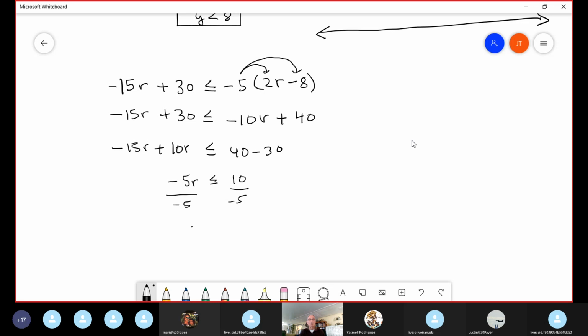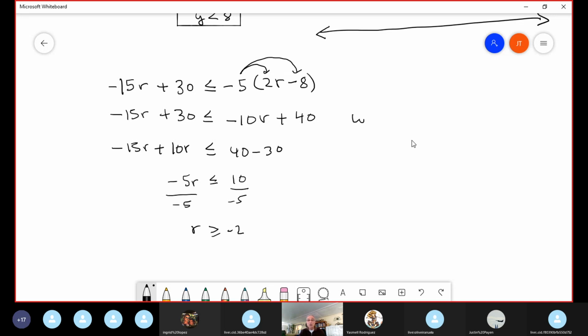Because I want to solve for R alone. But one rule is important that you remember and you need to be aware of. When you divide or multiply an inequality by a negative number, the symbol of the inequality is reversed. Can you repeat that again? Yes.